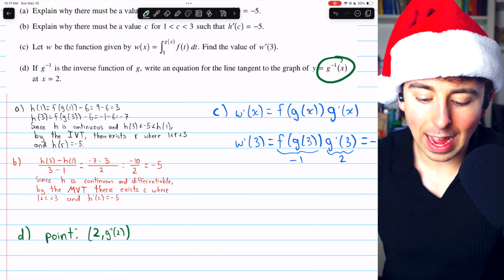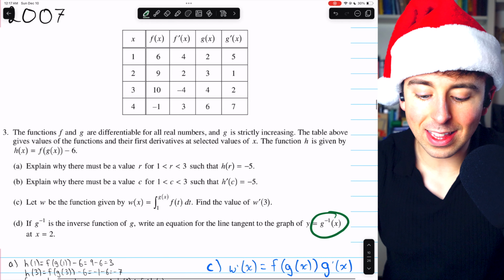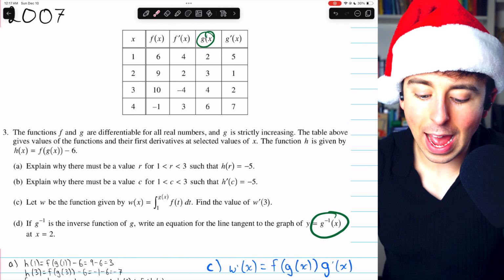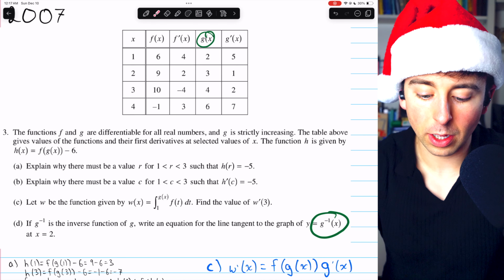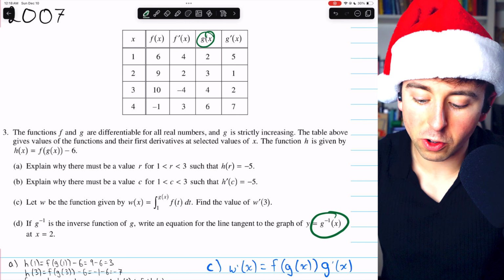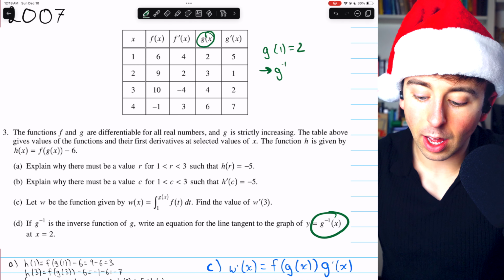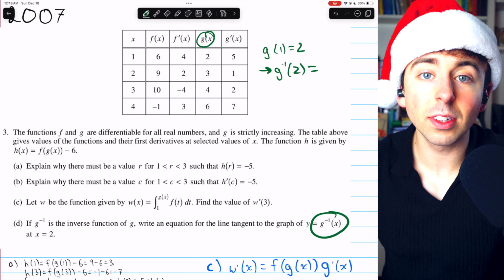Now, if we look at our table, we see that g has an output of 2 when x equals 1. G of 1 equals 2. By definition of an inverse function, since g of 1 equals 2, that means that g inverse of 2 equals 1.